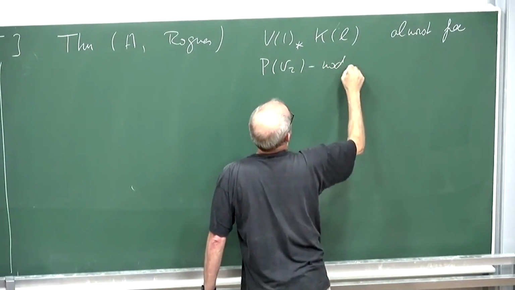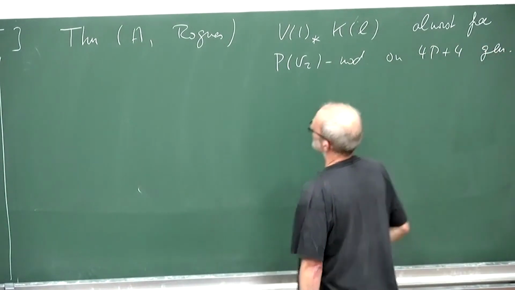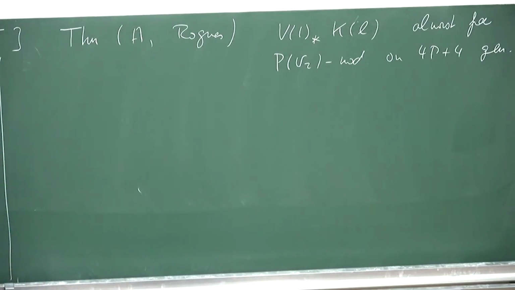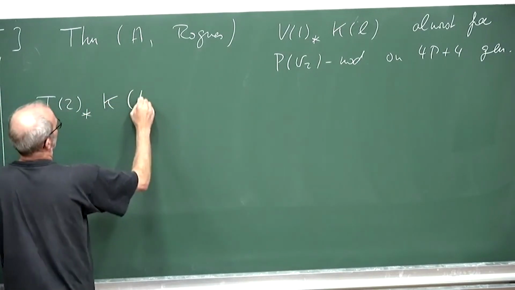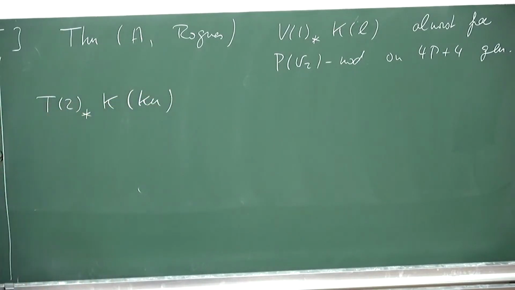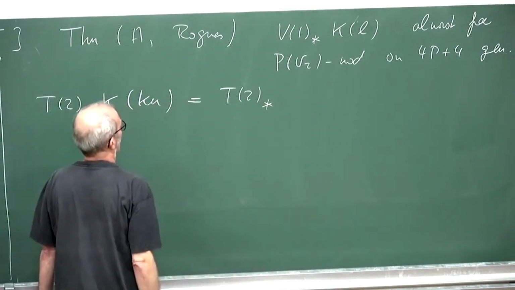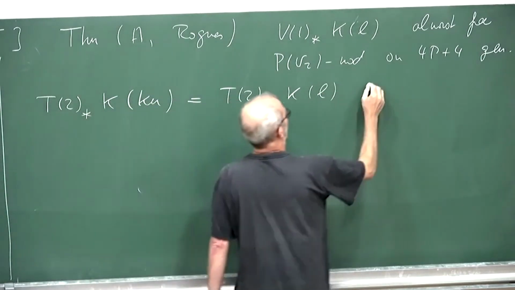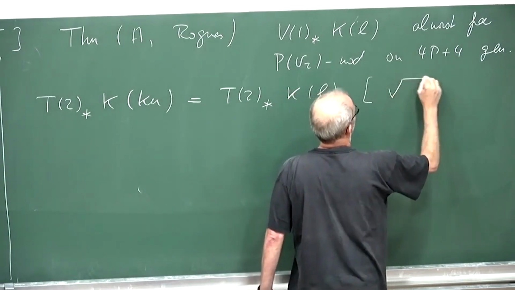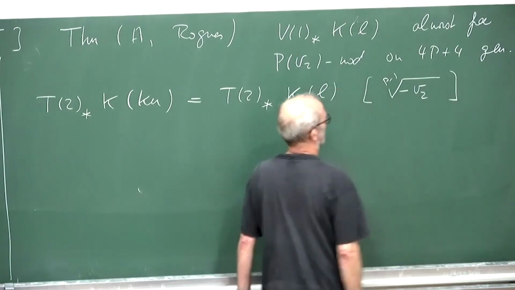PV2 modules on 4P plus 4 generators. And then if we invert V2, we have a very nice formula for the K-theory of KU, which is just, again, all P-completed here, a formula like this.